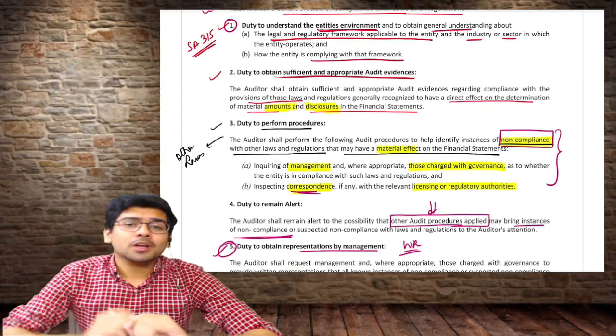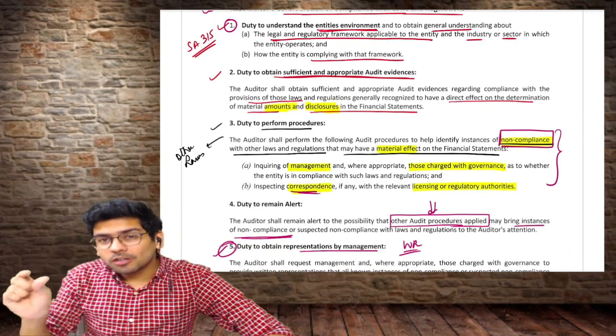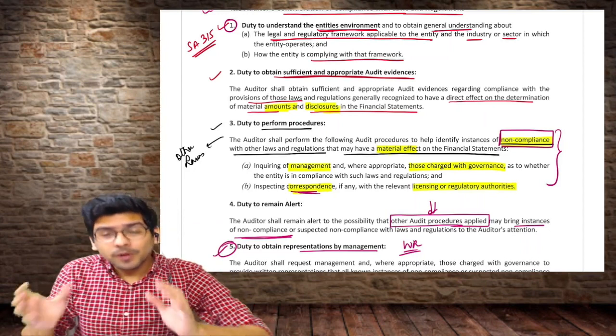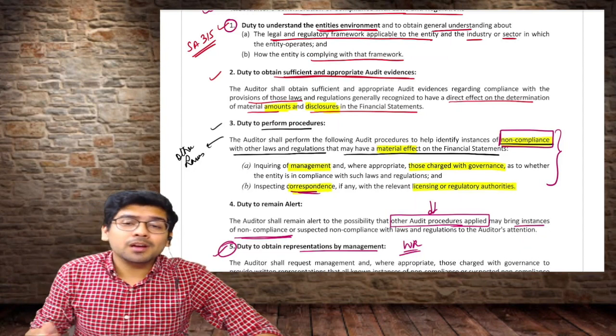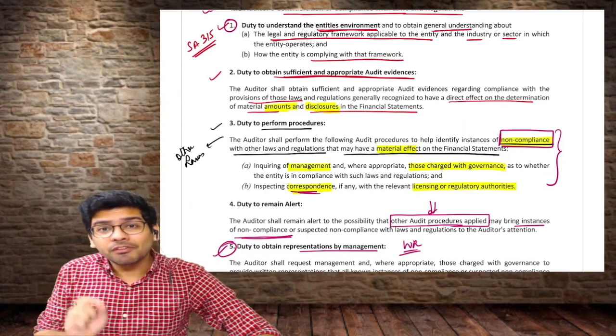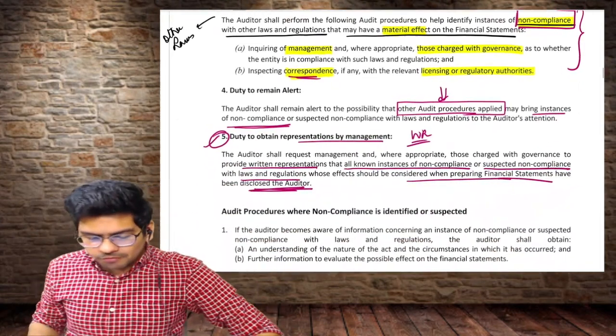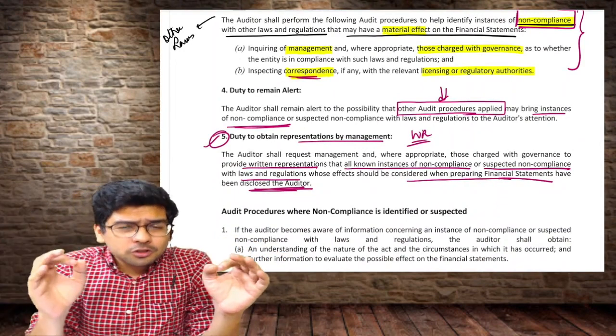Getting my point? So please understand, when I talk about other laws, they may not have a direct effect on the financial statements, but they may have a material effect on the financial statements. And the fifth point: finally, throughout the audit, the auditor needs to be very alert.